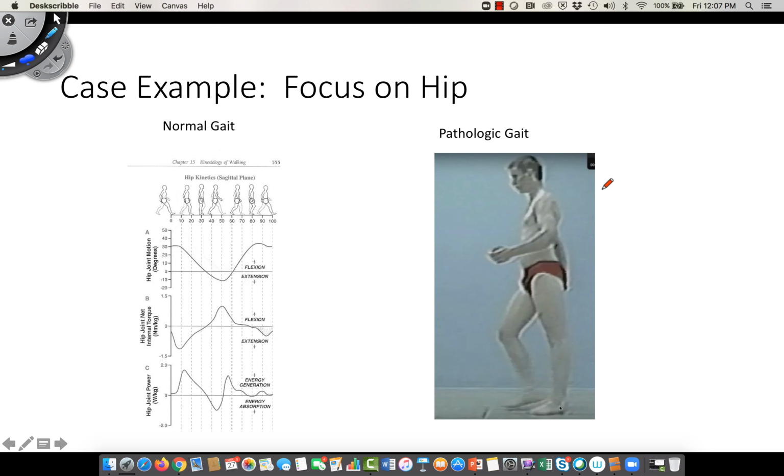Second, we would look at the second frame of the pathologic gait example, and we can see what the phasing is again, and we're at 35%. So we expect the hip to be moving into extension, and essentially we are getting some extension from the hip at this point.